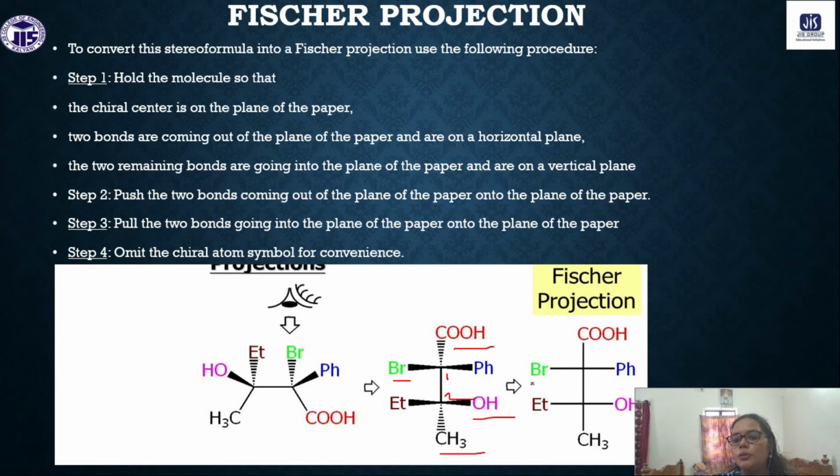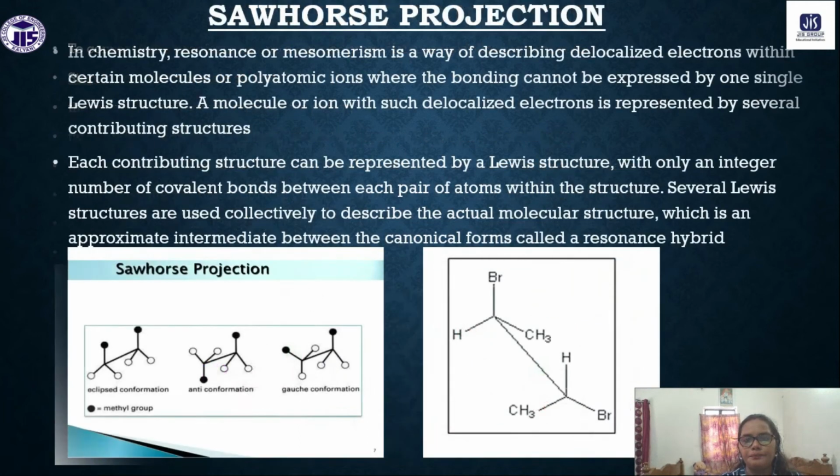So here also bromide and ethyl at the left hand side, and phenyl and hydroxyl groups are at the right hand side. So thus we can represent a molecule by the Fischer projection, okay.